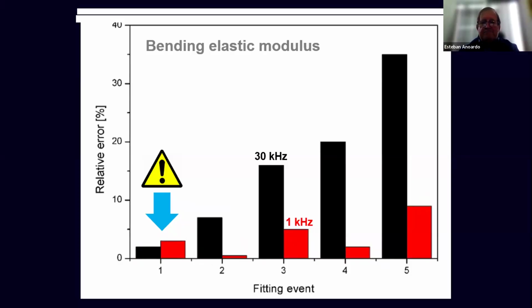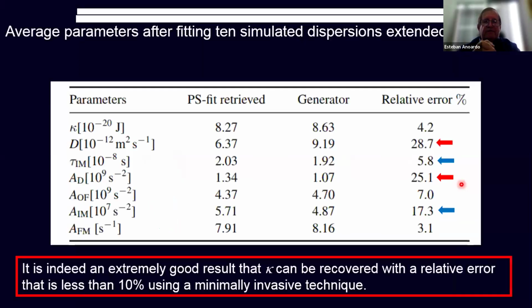Well, so these are the average parameters. We pick up the 10 simulated dispersions where the fitting is not failing and the diffusion is always within range. Even when we measure down to 1 kilohertz, you see that we still have a persistence of the coupling.